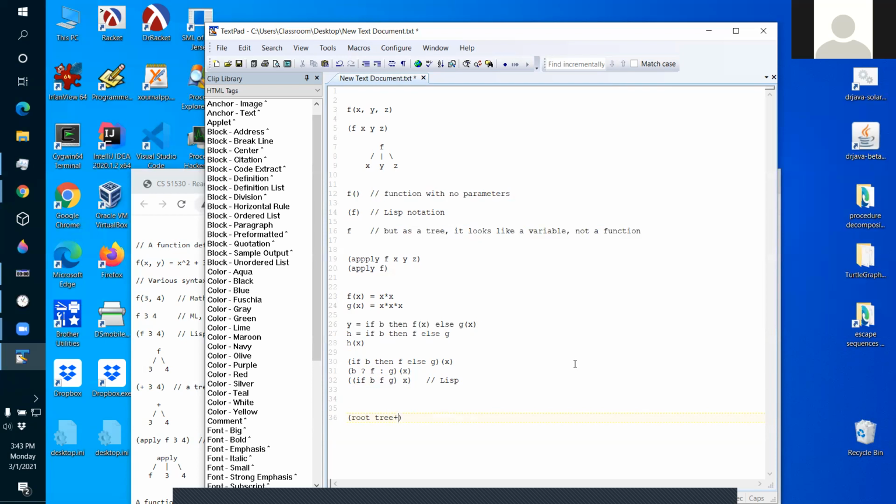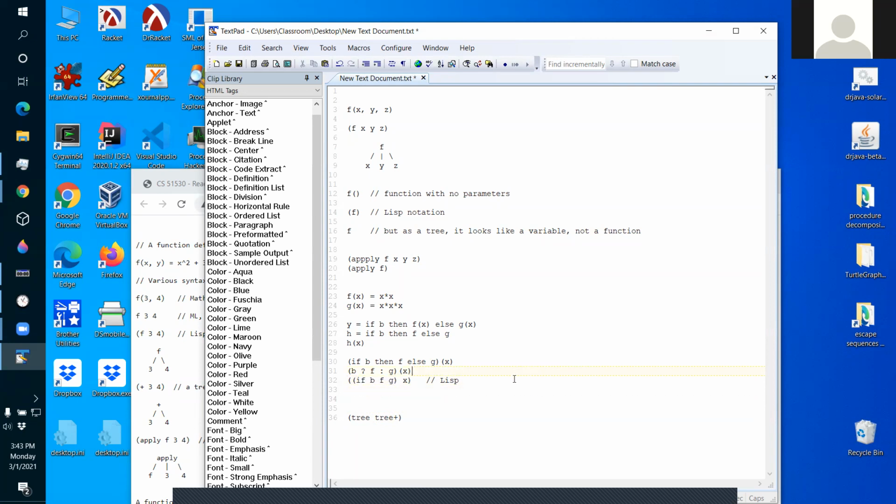The root is just a symbol. This has got, in the root position, a tree. So the syntax for what I just wrote up there is a tree, then another tree.